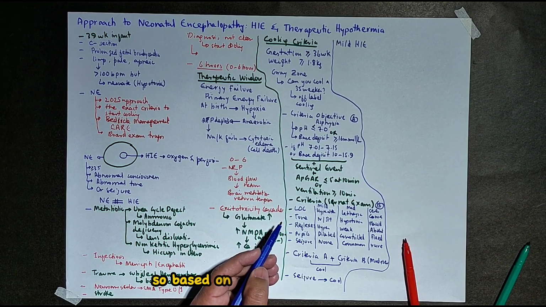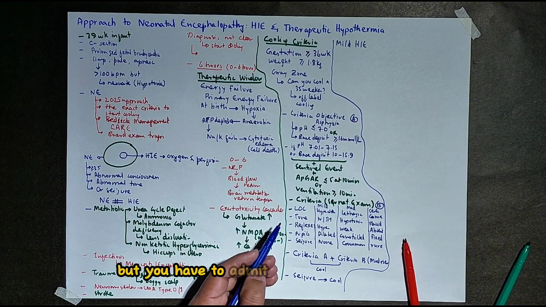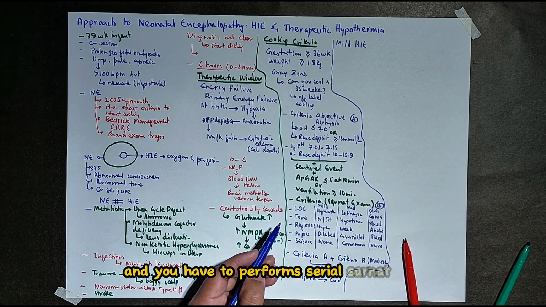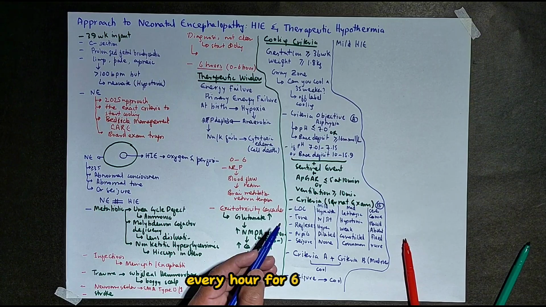So, based on this data, we do not routinely cool mild HIE, but you have to admit these babies to NICU and perform a serial Sarnat exam every hour for 6 hours. If they drift to moderate, that is, their tone drops, they become lethargic, you should start cooling immediately.